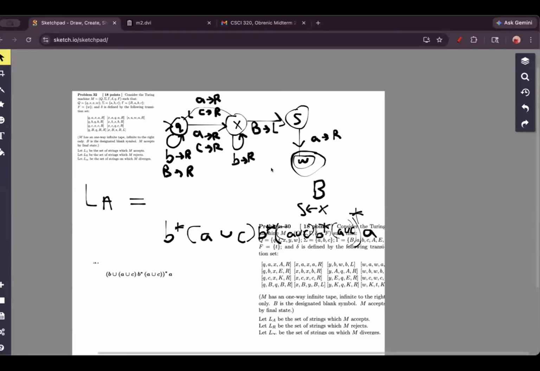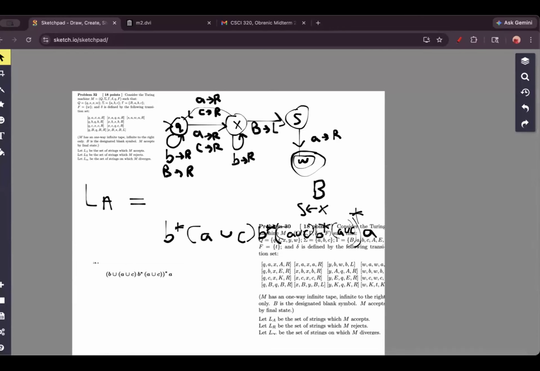Honestly, I'm not too sure either. This question is a little bit too confusing for me, but I think so. You could also have a B Kleene star because like you said, it's a loop, right? So you are going to end up in state X, and then you could have a B Kleene star in state X, because that's something you would see. Okay.